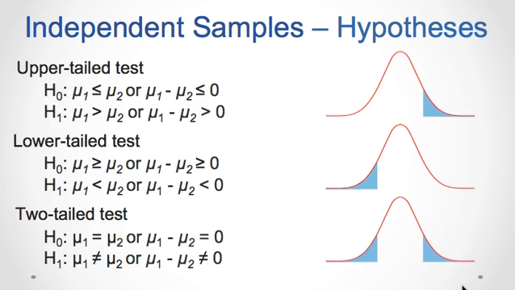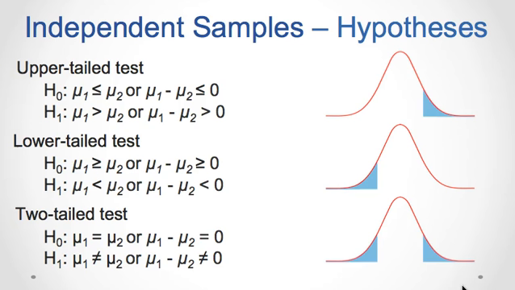Step 1. State the hypotheses. For independent samples t-test, the null states that there is no difference between the two population means. On this slide, I have provided the hypotheses for upper-tailed tests, lower-tailed tests, and two-tailed tests. You will notice that there are two different ways that you could state these hypotheses.